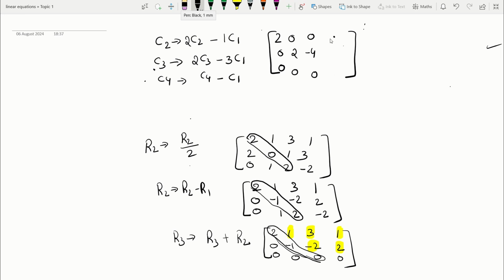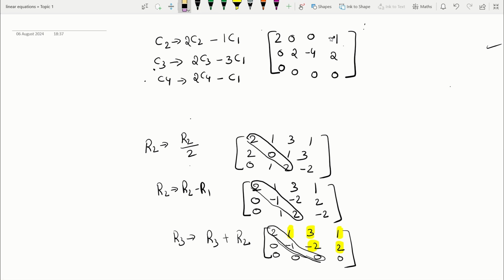Then see here, 2 0 0. 2 C2 minus C1, how will it change? 2 into C2, here see, 2 into 1, 2, 2 minus 2 is 0. Then again minus 2, right? 2 into minus 1, 2, this is 0, and here also 0 only.